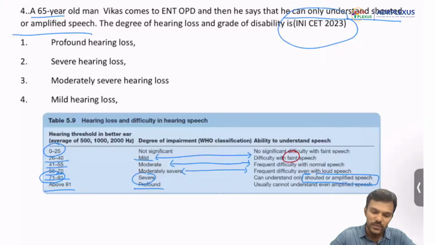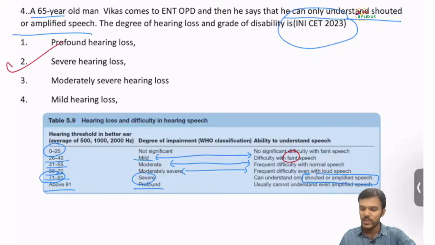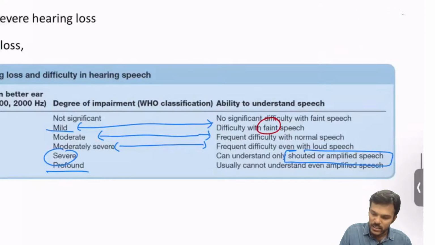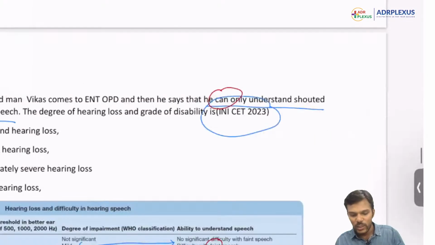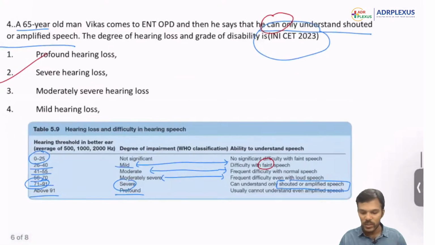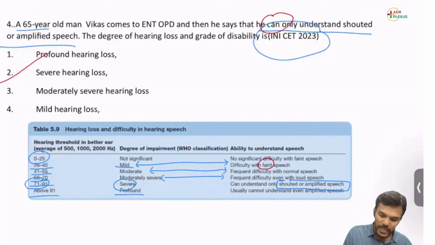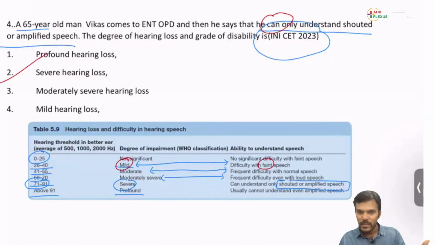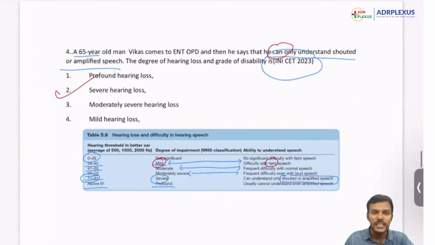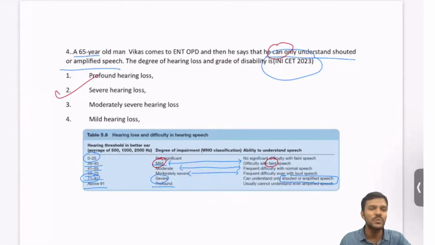That's how to keep it in mind: can understand shouted speech, severe; cannot understand even faint speech, mild. You can easily remember these two parameters. Less than that, moderately severe and moderate. More than that, profound. The answer for this question is severe hearing loss.